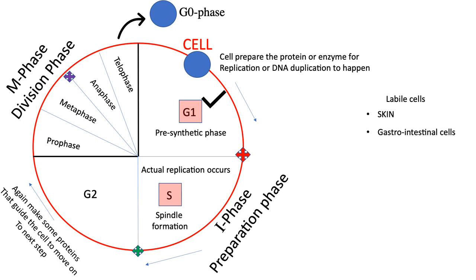Okay, there are some cells which remain in G0 phase, doing housekeeping functions. But under certain stimuli, they can be forced to go back into the cell cycle. The example of this type of cell is liver cells.